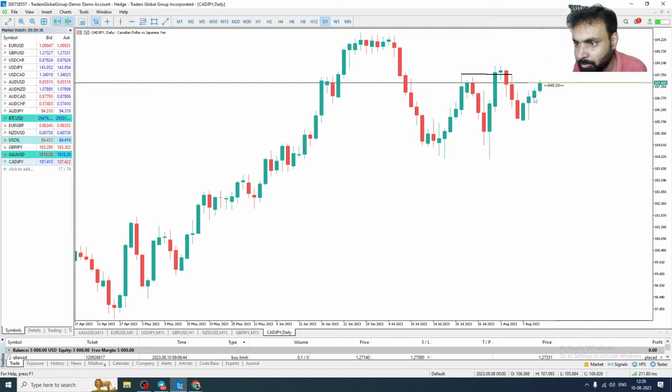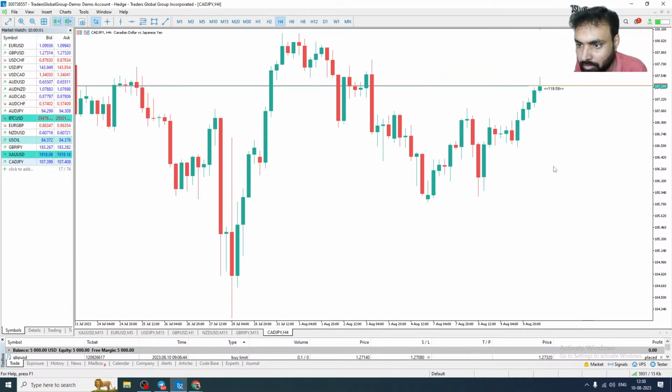Now it's pushing up. It's reacting from the swing point. So there's a chance it can go above also, right? There's a break and it came back, retested the order block. This is your order block. Tested and pushing up. So it can go above this, right?